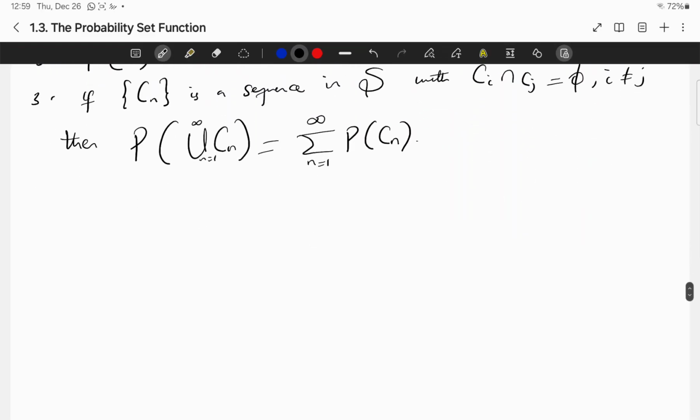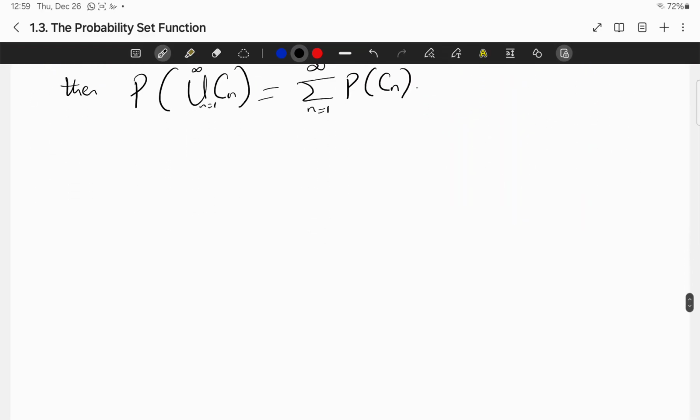So let's check some basic theorems. Properties of probability. We have the following theorem.